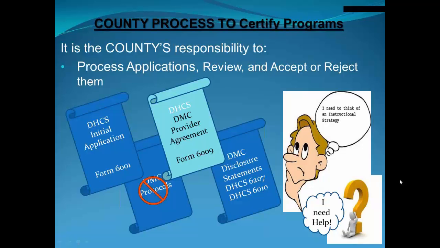So the county's responsibility for processing these applications, again, how do you take them in? How do you process and review them? The criteria for accepting and rejecting, I would really strongly, DHCS has application guidelines.